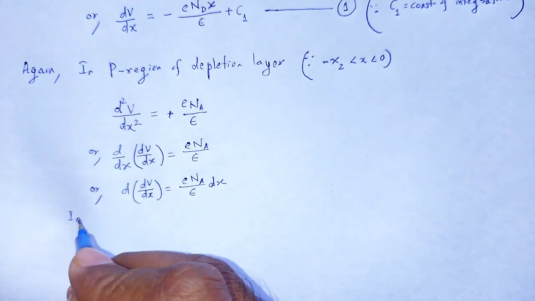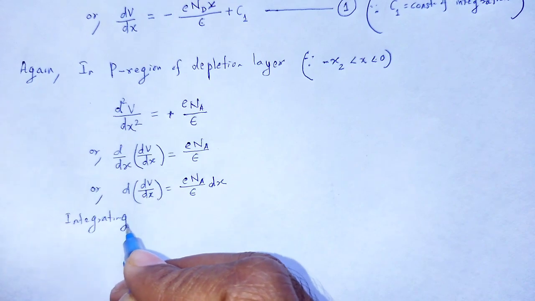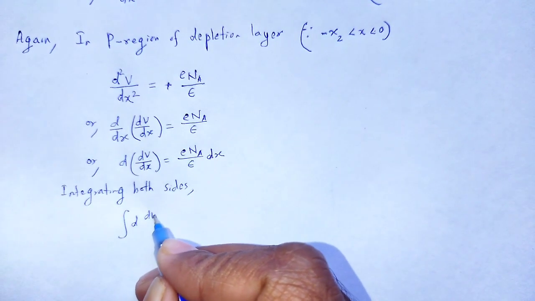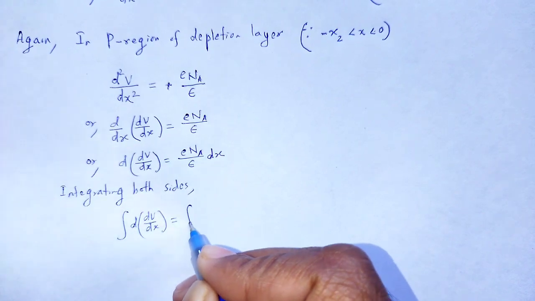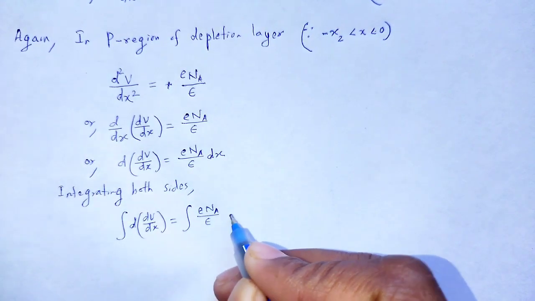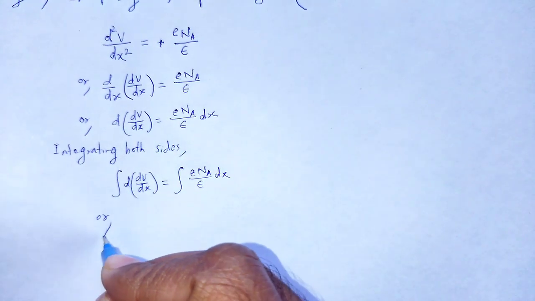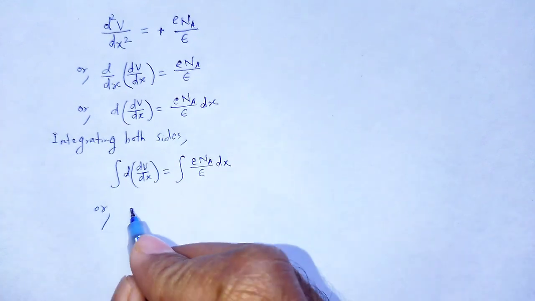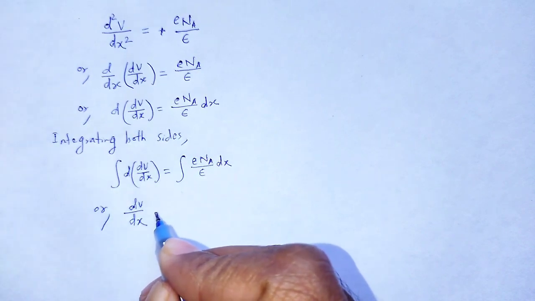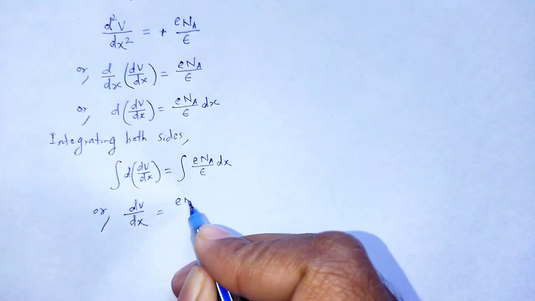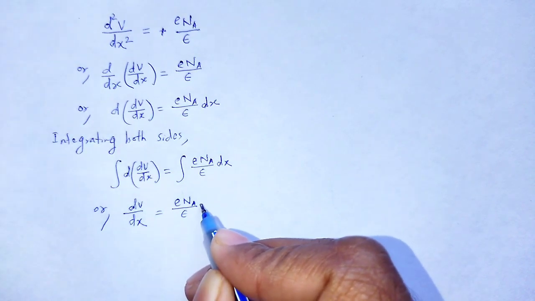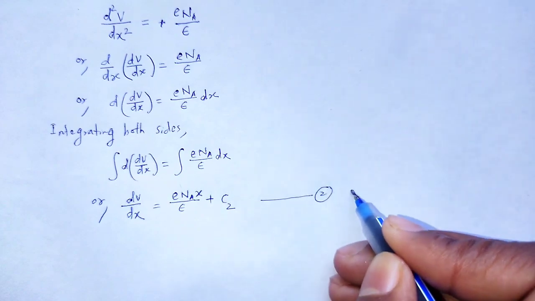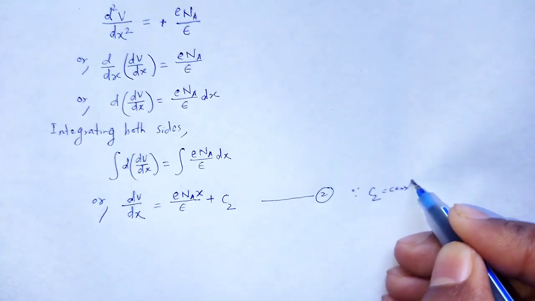Integrating both sides, we have dV by dx is equal to e Na divided by epsilon x plus C2, the constant of integration.